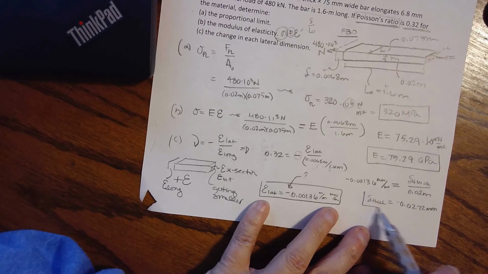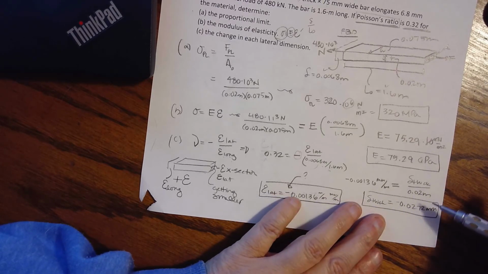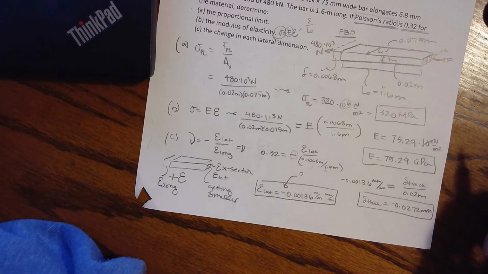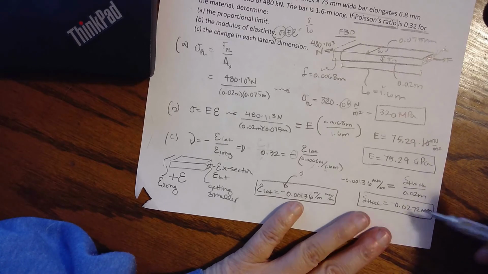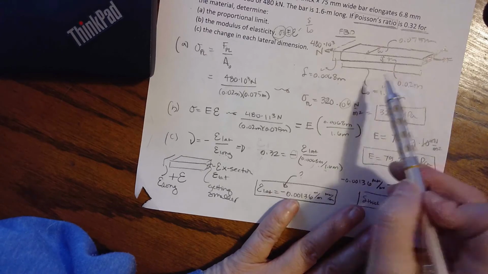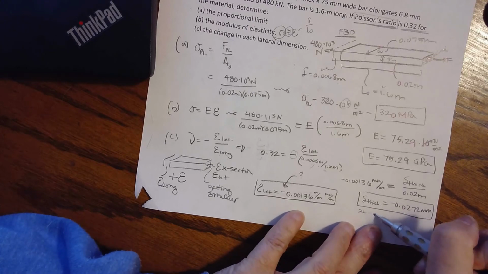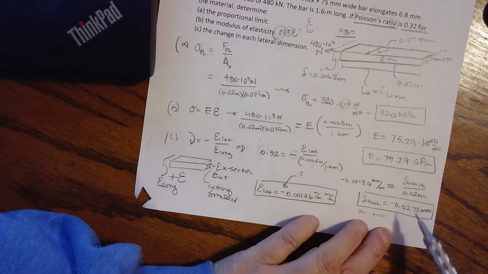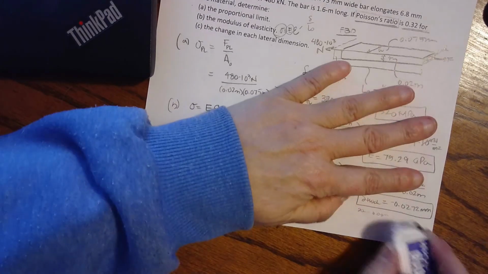So if I wanted to know my new thickness, it would be the 20 millimeters that I started with, minus 0.0272, and I would get a new thickness of like 19.9 something, okay?